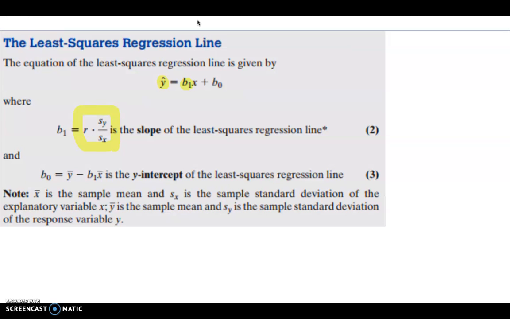And that's the slope. And b naught is the mean of our response variable minus b1 times the mean of our explanatory variable. And that is our y-intercept. And then it reminds you what x bar, s sub x, standard deviation, those kinds of things mean down there.